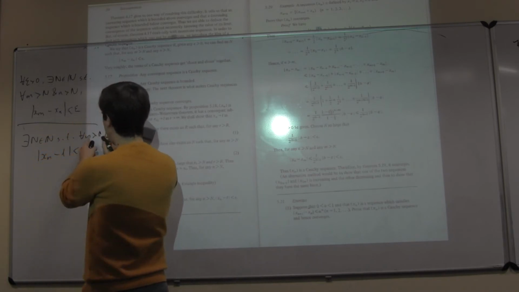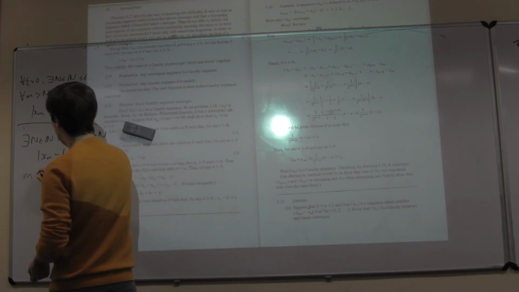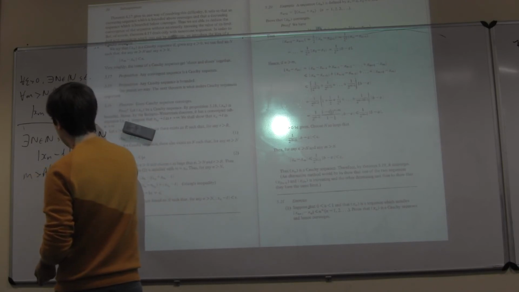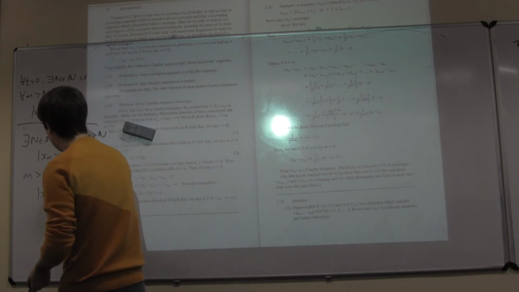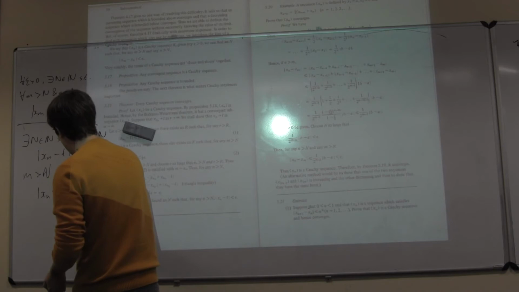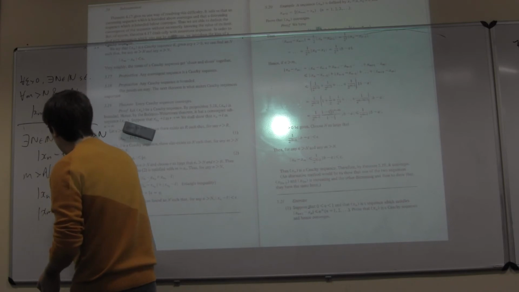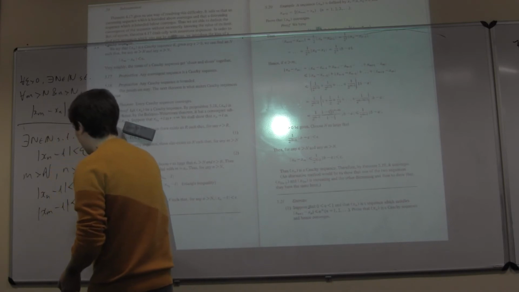So suppose m is bigger than capital N and n is bigger than capital N. Then it's true for both that xn minus L is less than epsilon and that xm minus L is less than epsilon.